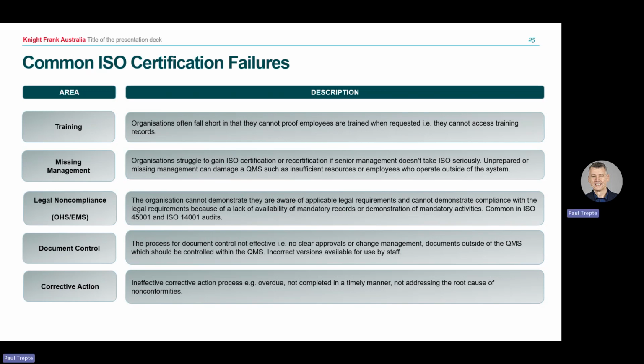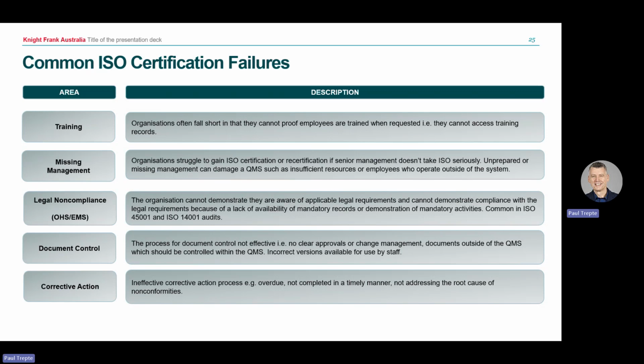Legal non-compliance. Now this is very much more an OHS or environmental standard issue, but quality can come into this. For example, in property management, we've got some legal requirements around property managers having real estate certification and licensing. So that's something an auditor may raise as a legal non-conformance if they find somebody's operating and hasn't got that license.